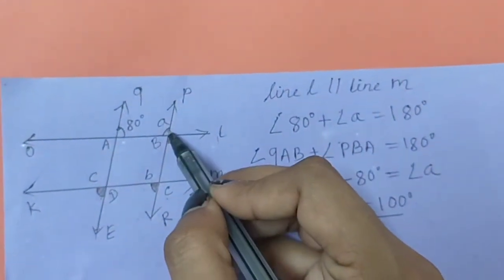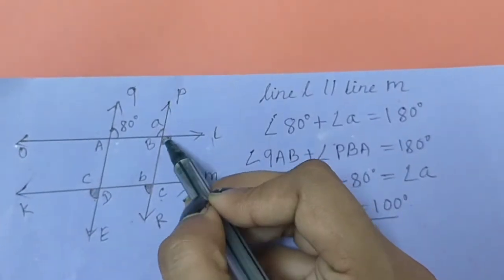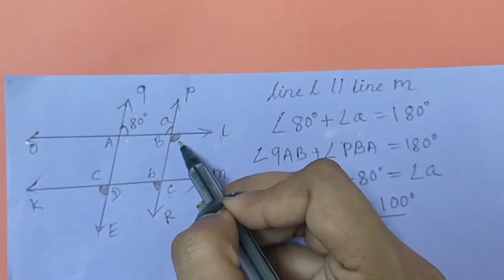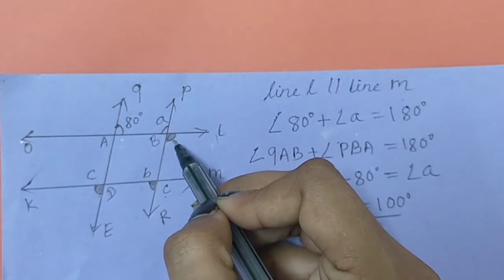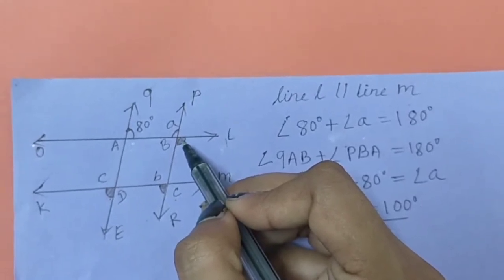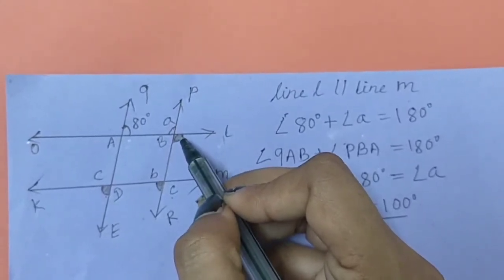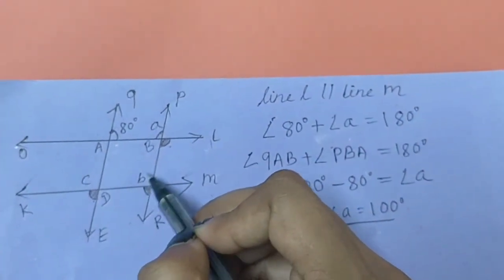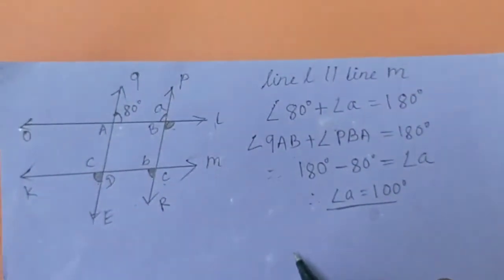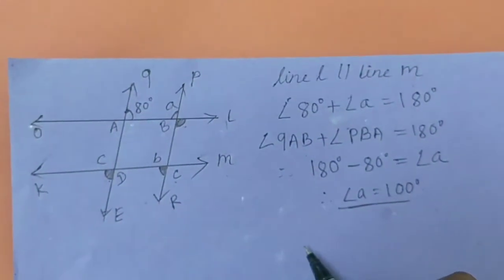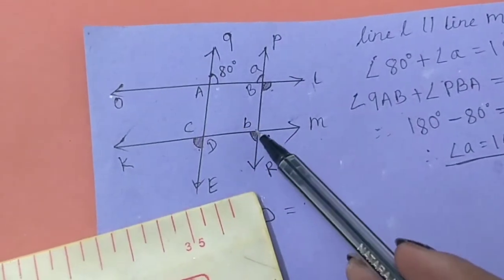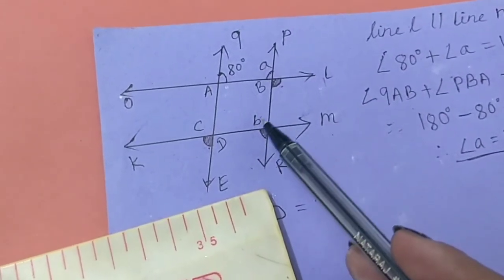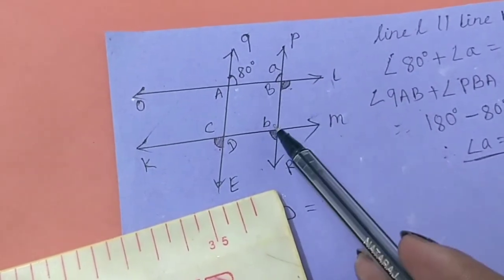Now this A is 100, so this angle will also be equal to 100, right? Yes. Because they are corresponding angles, they will be congruent.